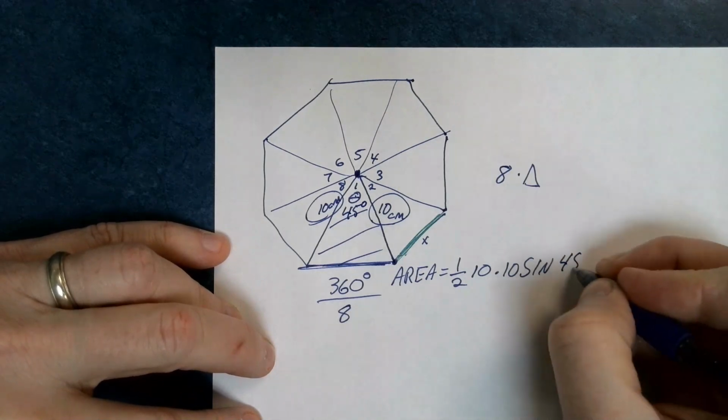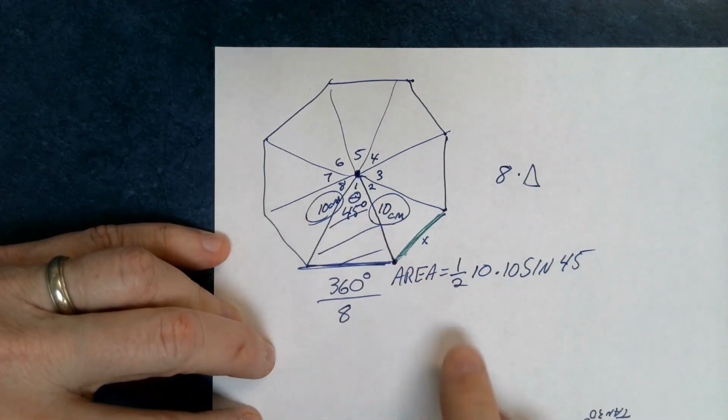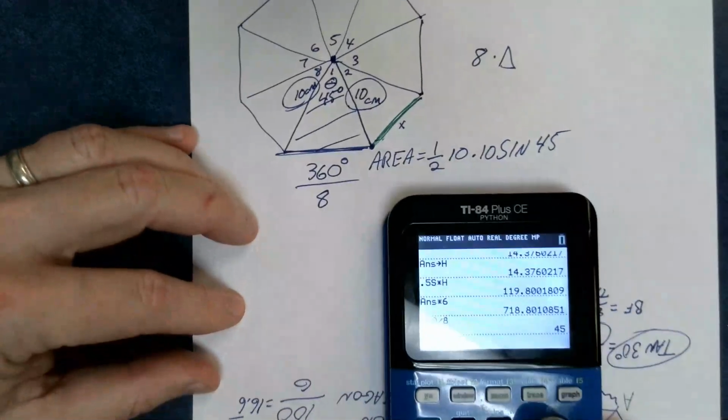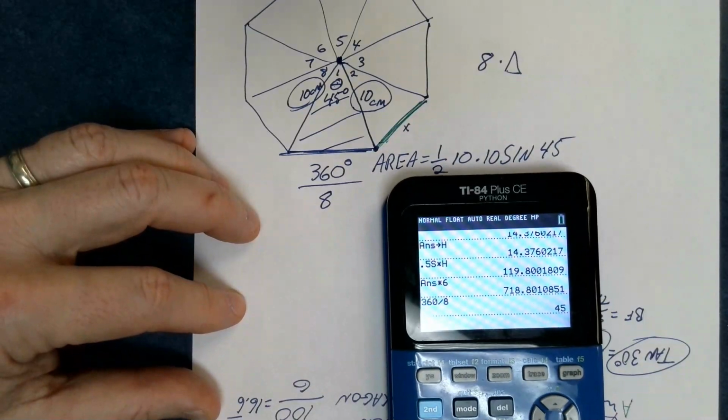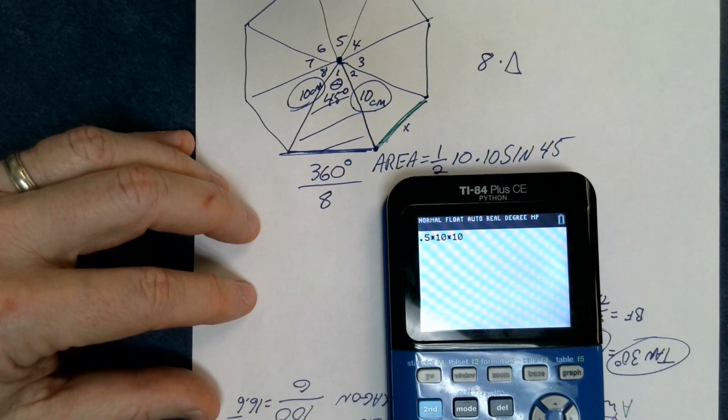So the area of that triangle is 1/2 A times B times the sine of 45. That's another formula we have for area. So I'm going to go ahead and put this in here. Clear. 0.5 times 10 times 10 times the sine of 45 degrees. Enter.